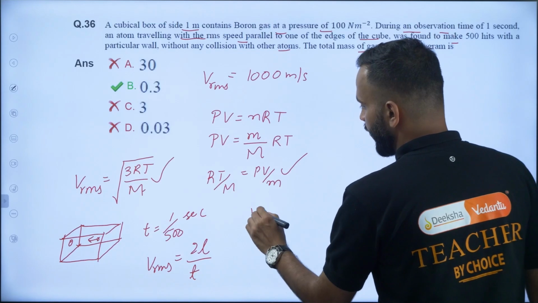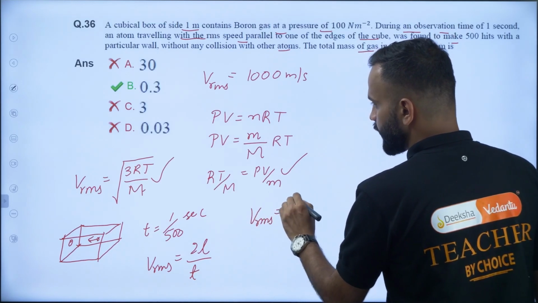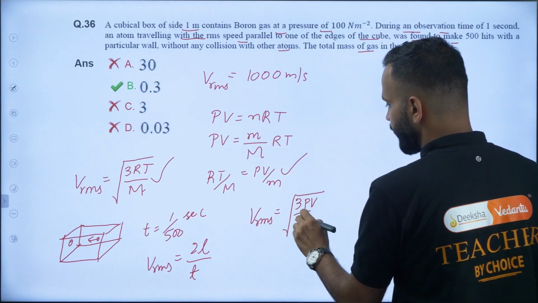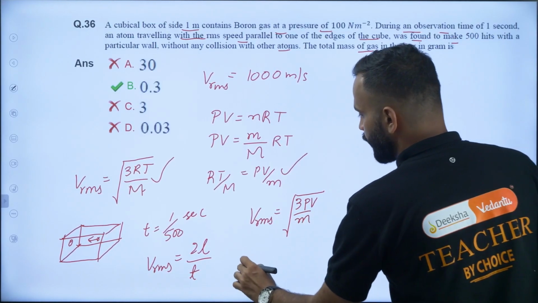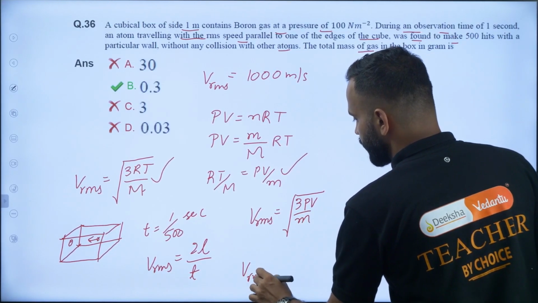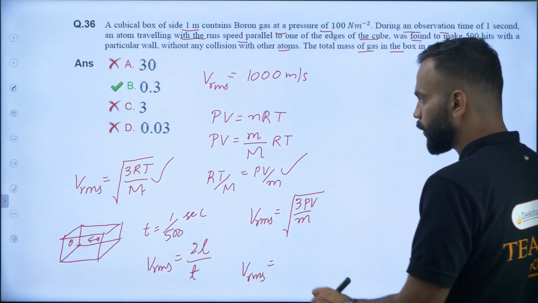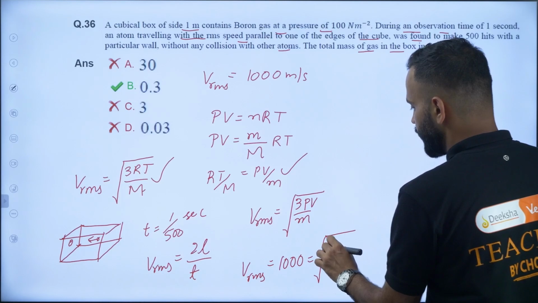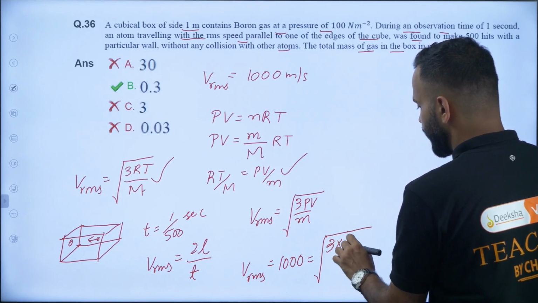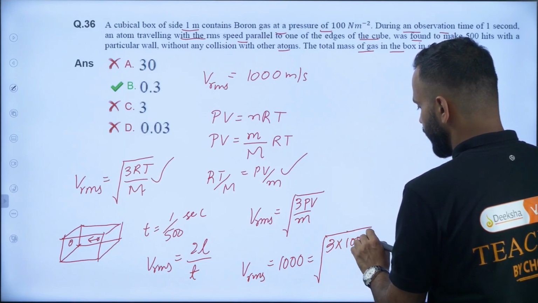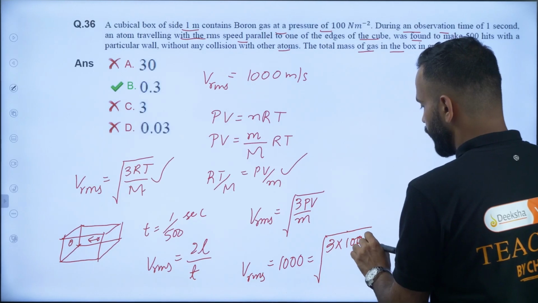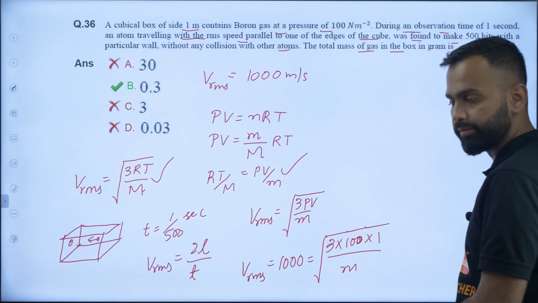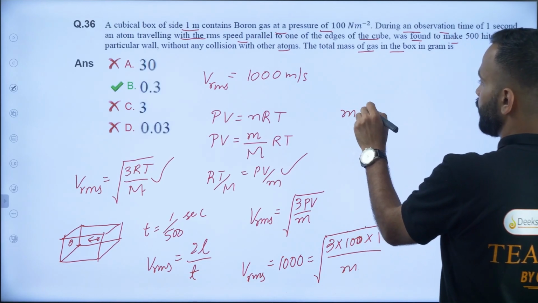So Vrms is equal to root of 3PV by M. Now Vrms is equal to 1000, which is equal to root of 3 into P, which is 100 Newton per meter square, into V, 1 meter cube, divided by M. We need to find the value of M. So solve this, you will get M equal to 0.3 gram.